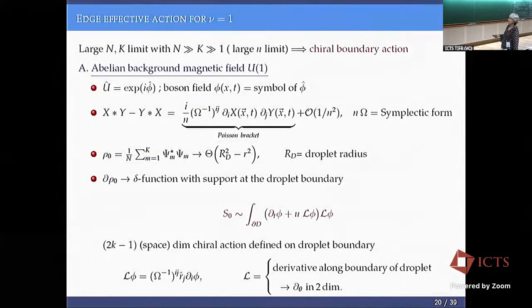For example, for CP2, this will be an S3, but I have many tangential directions for S3. However, the system chooses a particular one. This is essentially the Poisson conjugate to the radial derivative. So the system, although it's a higher dimensional system, can be thought of as a collection of one-dimensional chiral fields, because the propagation is along one dimension.